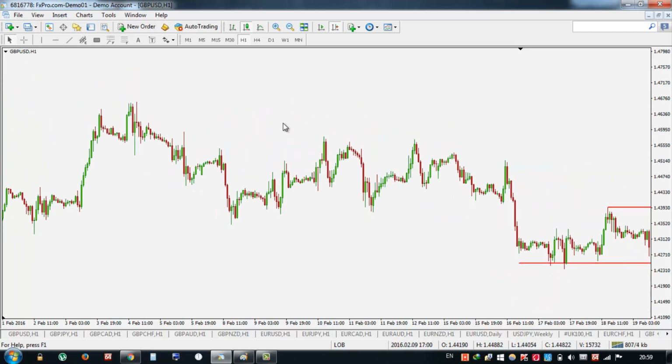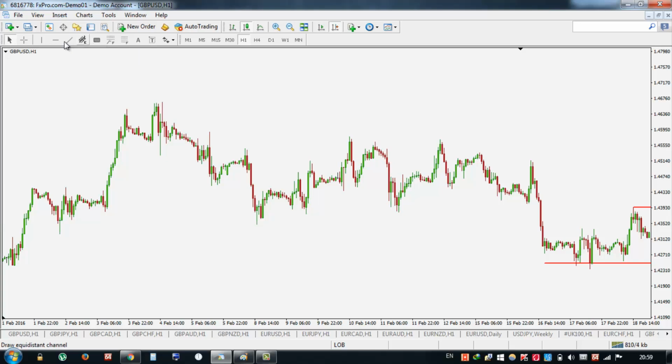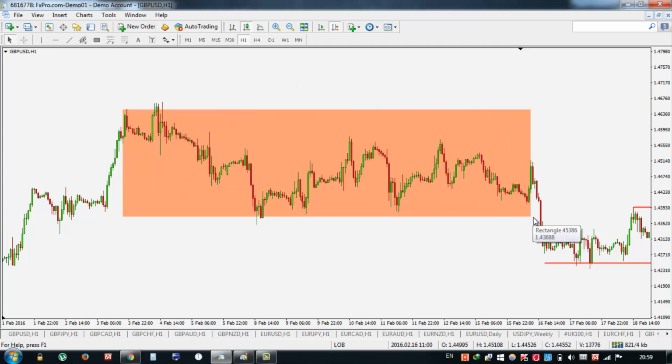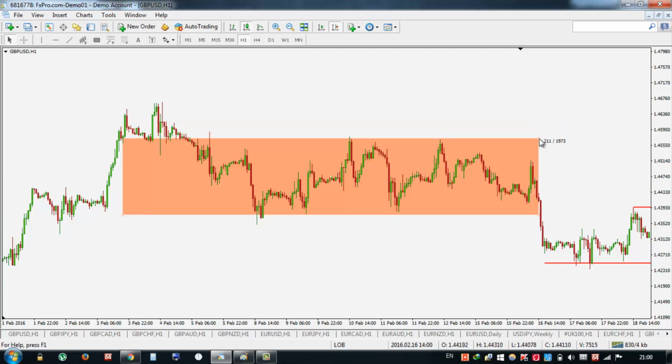Let's put it down a bit. Is this a consolidation? Nope. Actually, I like to draw my consolidations like this in a color. You can see it's holding between two lines.